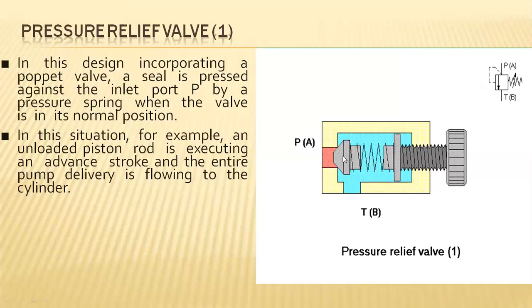So if 3 bar of pressure is maintained and the tension is also maintained in the spring, we are all aware of Newton's third law: the entering pressure externally is equal to the maintained pressure within the spring, which equilibrates this and will not allow the fluid to flow through the pressure relief valve. Hence, when the pressure set within the pressure relief valve and the pressure operating in the circuit are equal, the plunger will be in closed condition.